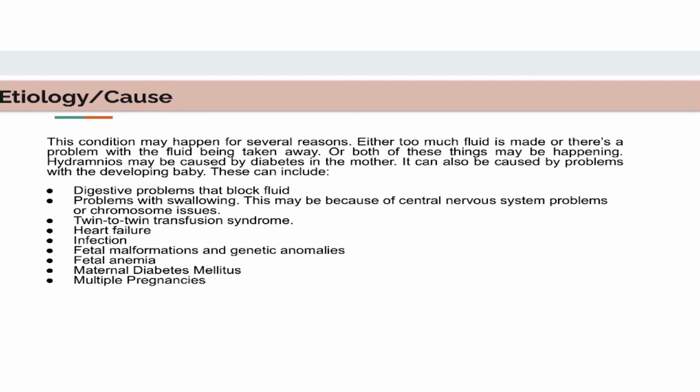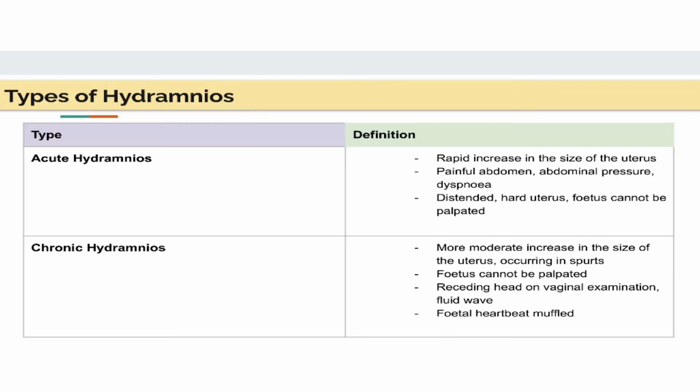It can also be problems with swallowing. This may be because of central nervous system problems or chromosome issues. We can also have twin-to-twin transfusion syndrome, heart failure, and infection. On top of that, there are also fetal malformations and genetic anomalies, fetal anemia, maternal diabetes mellitus, and most importantly, multiple pregnancies.